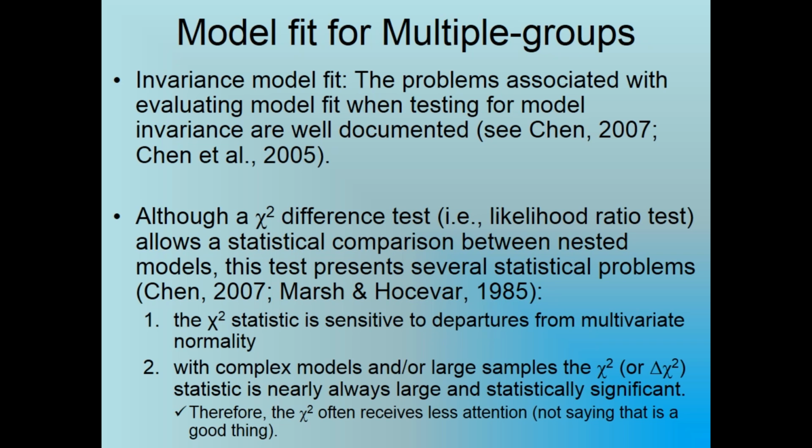As a result, some people, like Chen, recommend you look at the change in CFI. And these are the basic standards that Chen recommends. One important thing to remember is that while these standards work relatively well with ML and MLR estimation, they should not be used for WLSMV.